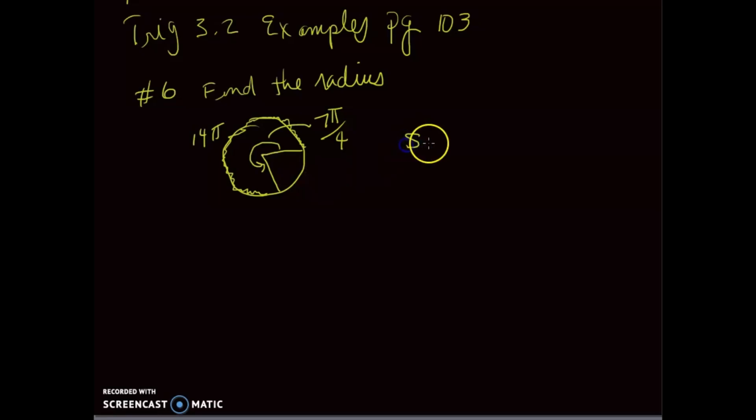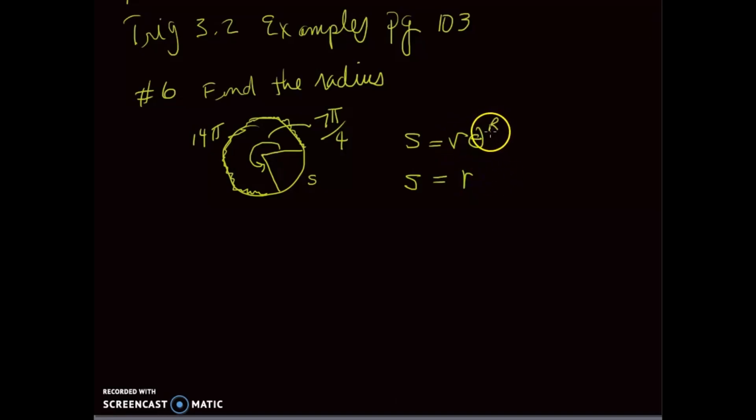So if S is equal to r theta in radians, this distance S is equal to 7. See, the radius is what we don't know, we're supposed to find.